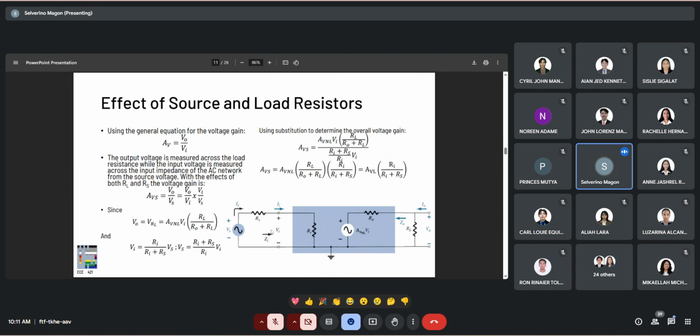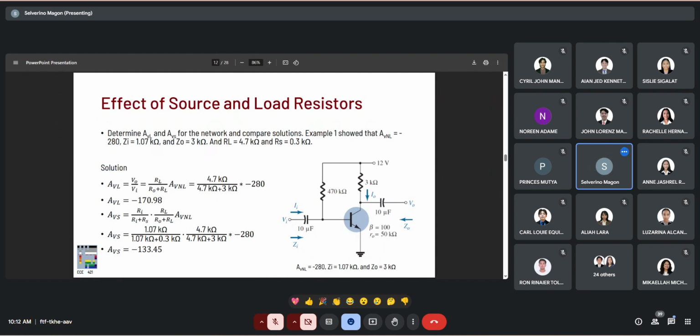So twice the effect, no? The effect of the voltage divider here and the effect of the voltage divider here. Simplified further, it's the loaded voltage gain figure here times the RI RS voltage divider.